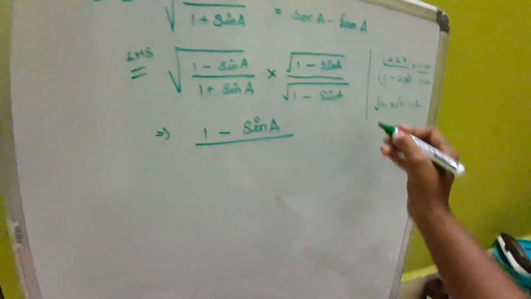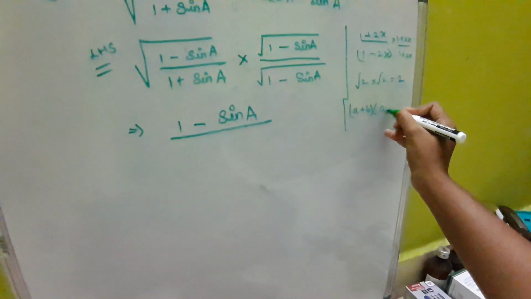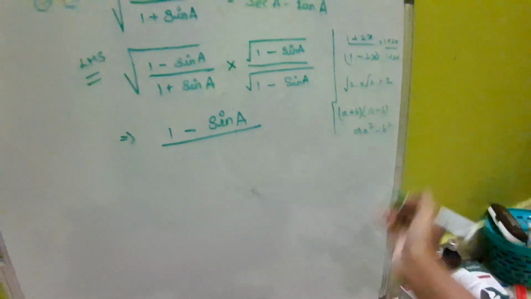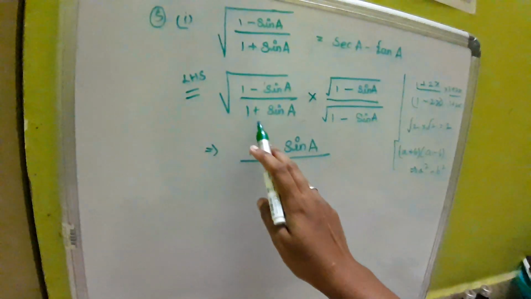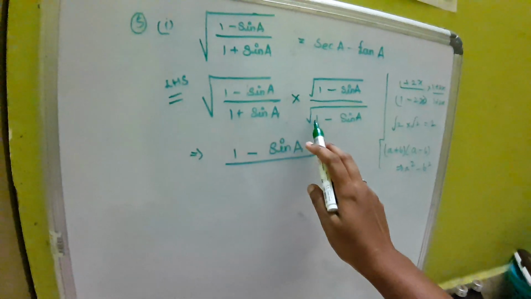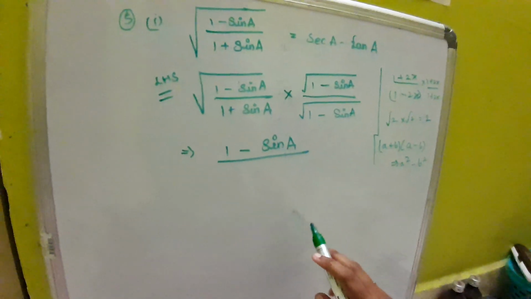It will look like A plus B and A minus B, right? The A plus B and A minus B formula gives A square minus B square, right? So I am going to write root of 1 plus sin A times root of 1 minus sin A as root of A square minus B square.